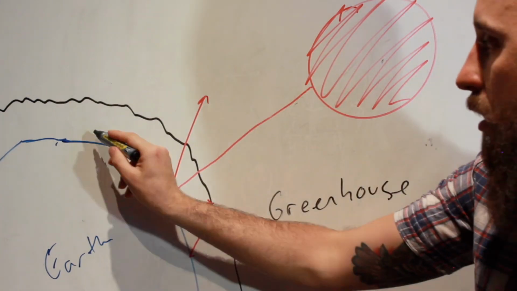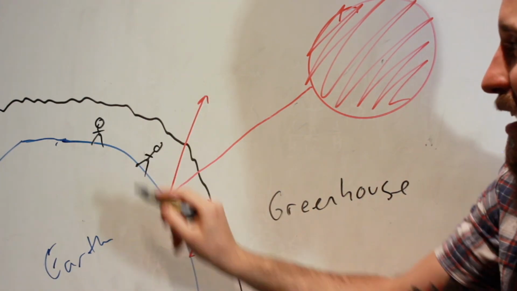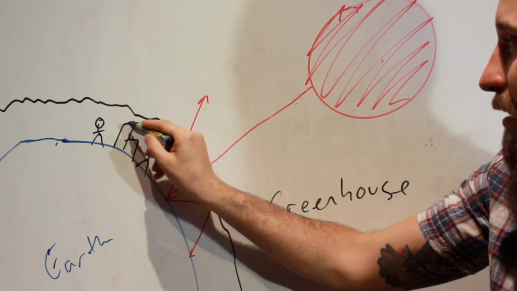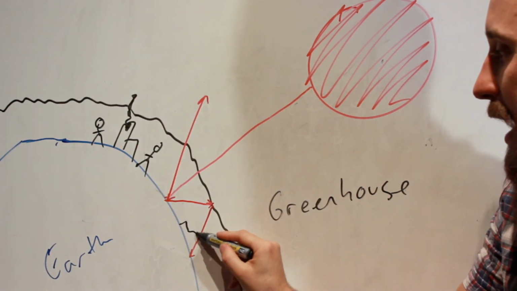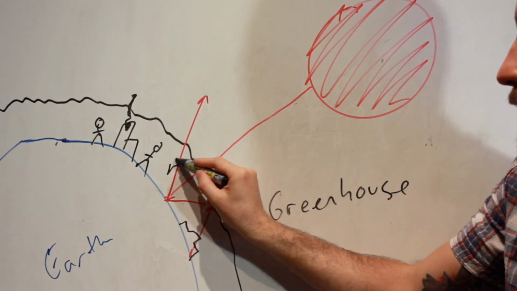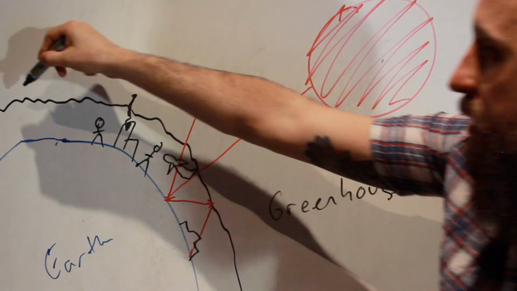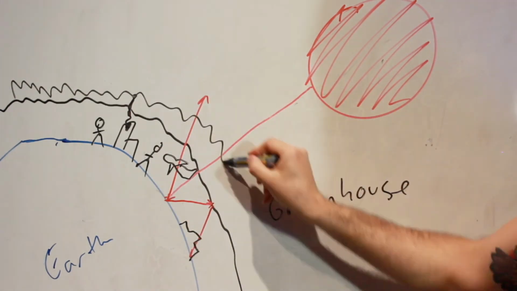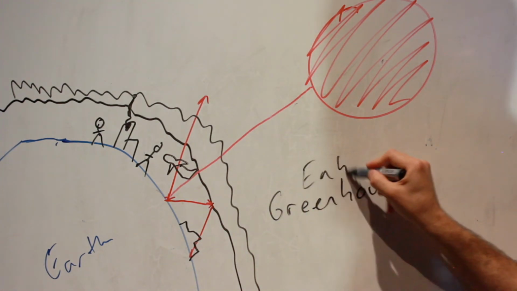So humans come along, here they are, and we build factories that spew smoke, and we have lots of cars, that's a car, and lots of planes, that's a plane. And we get lots and lots more greenhouse gas emissions, and we get an enhanced greenhouse effect.